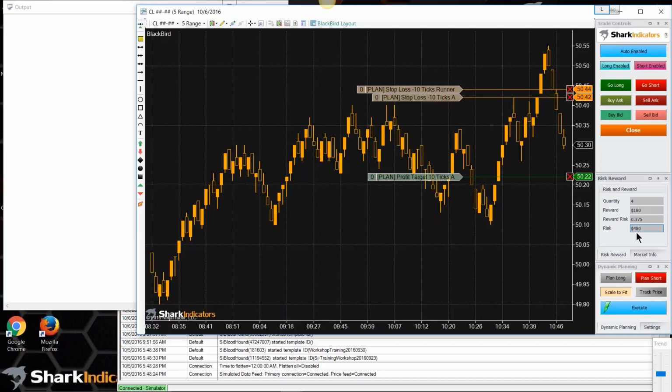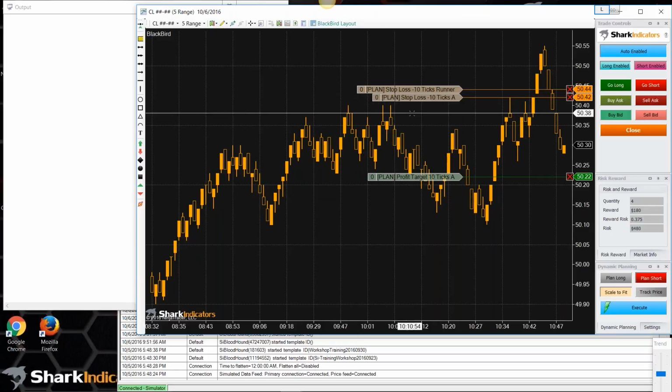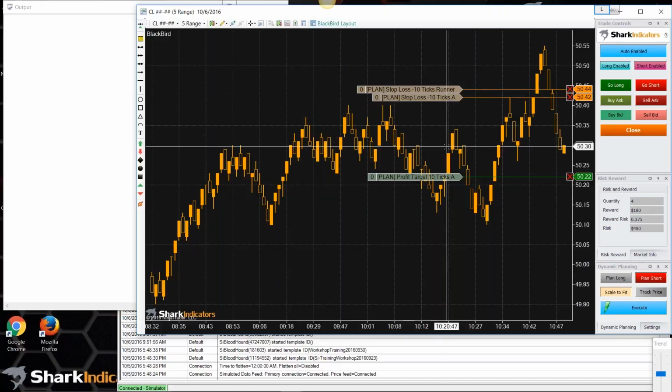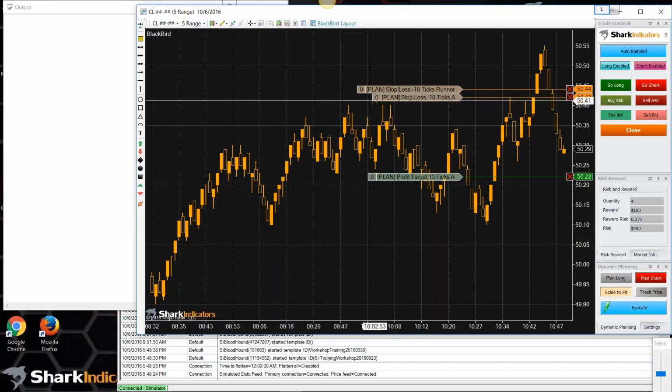We can see how the risk is updating. The risk is increasing and decreasing automatically as BlackBird is updating the number of contracts. And basically, if price moves too far away, then it's going to set both order set A and our runner down to 0 contracts.